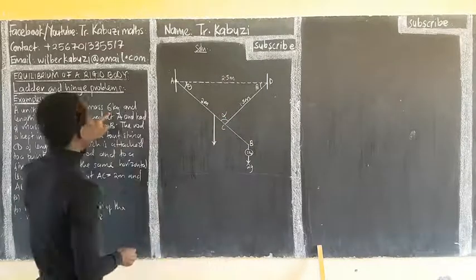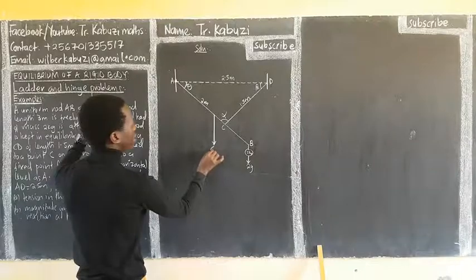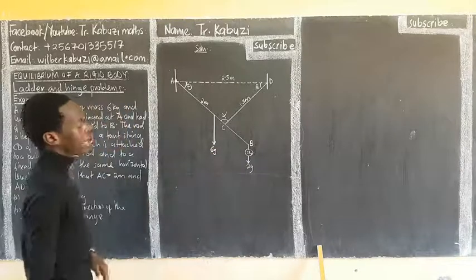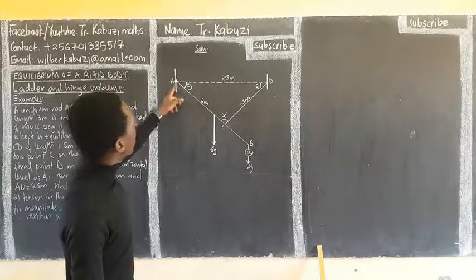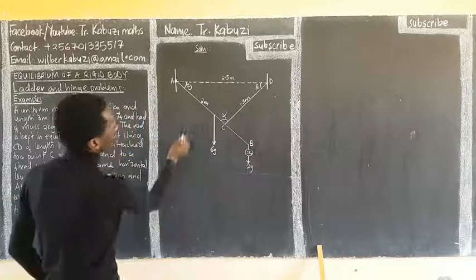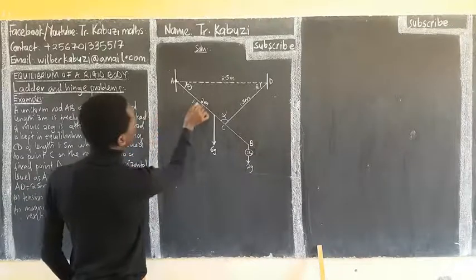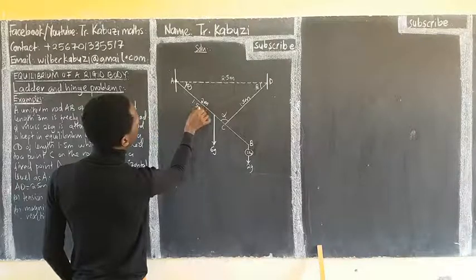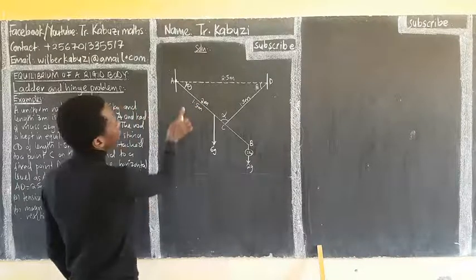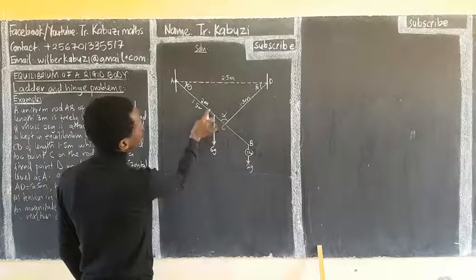It was 6 kilograms, so the weight is going to be 6 times g. Now from here up to here, it's going to be 1.5 meters. Then from here up to here, it's 2 meters.